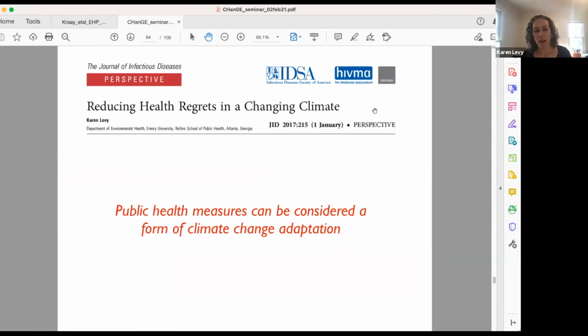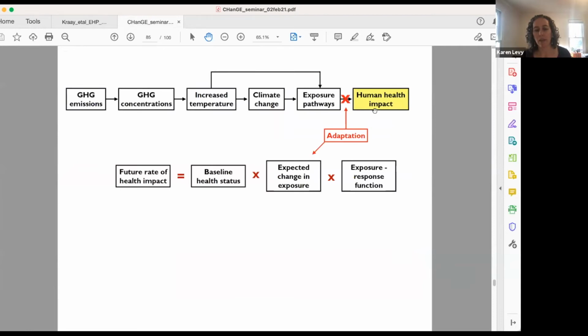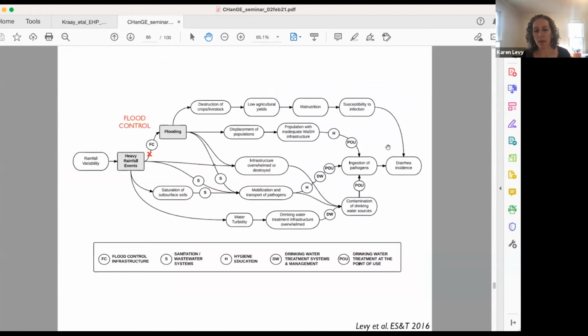But I like to talk about how just your basic public health measures should be considered a form of climate change adaptation. You can really interrupt these exposure pathways that are leading to human health impacts through adaptation measures. And a lot of these are things that we already know how to do. So for example, with this complicated figure, we can have flood control that can keep the heavy rainfall events from causing flooding.